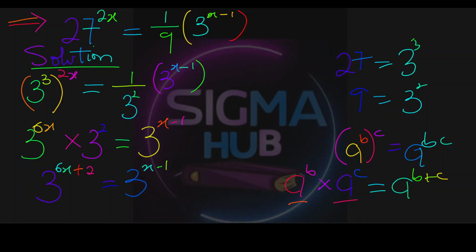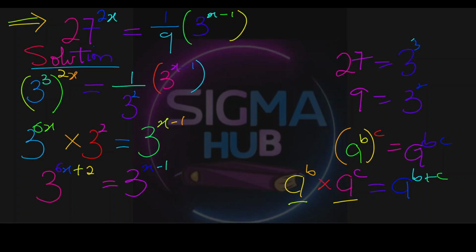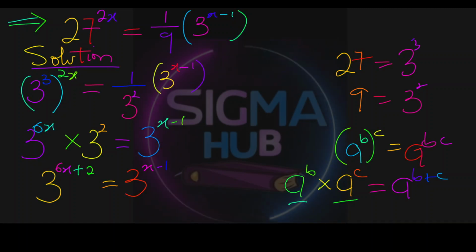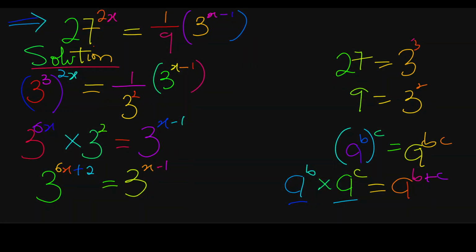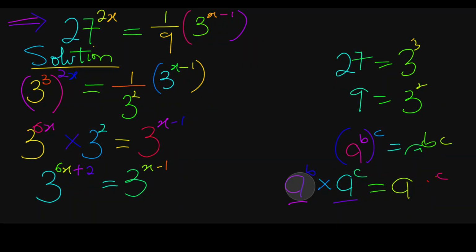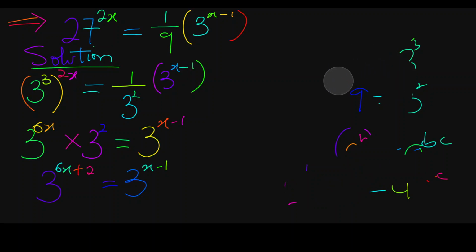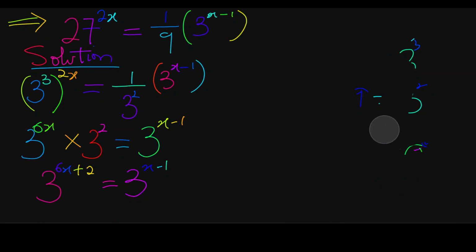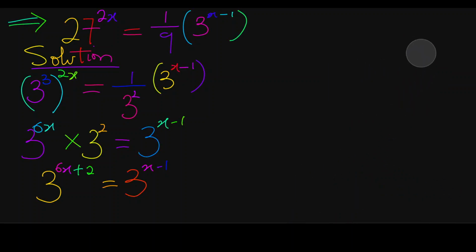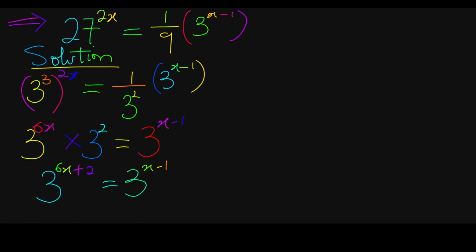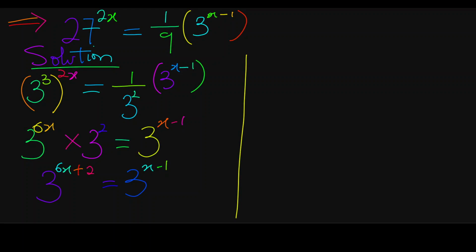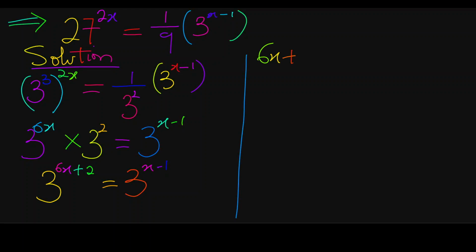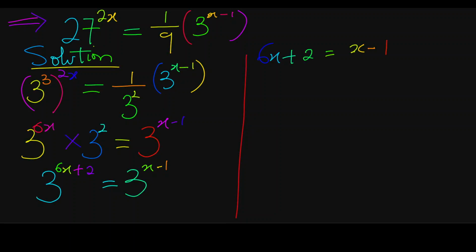And of course, when we have the same base, we equate the power. So let's quickly do that. We have the same base, then the next thing is we equate the power. So equating the power, we are going to be having 6x plus 2 equal to x minus 1.